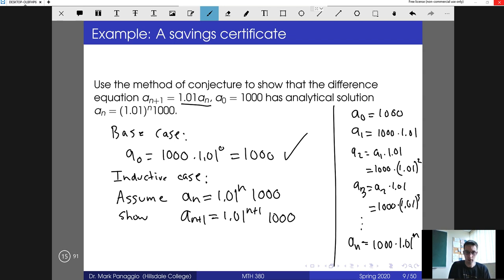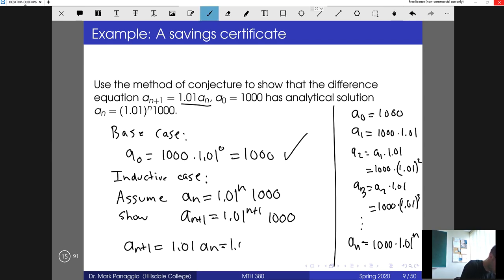All right, let's do that. Well, we know from our model that An plus 1 is equal to 1.01 times An. Right, that was the model that says whenever you want to compute the next value, you have to multiply the previous value by 1.01. Well, let's plug in what our assumption was.